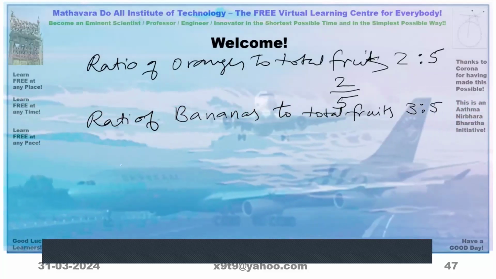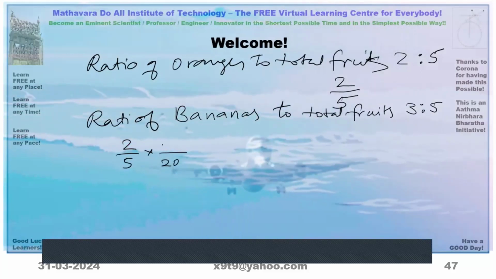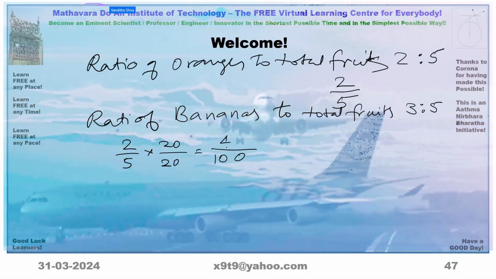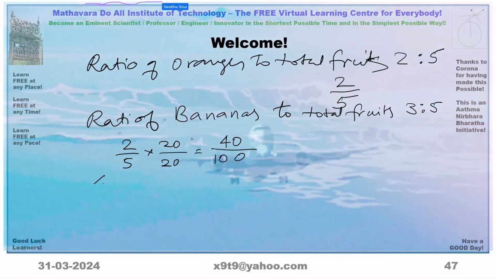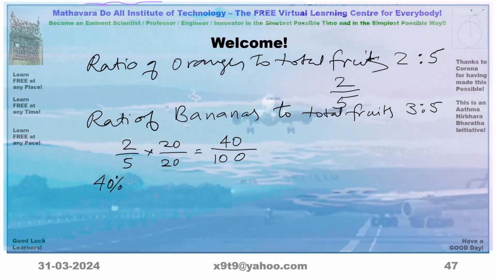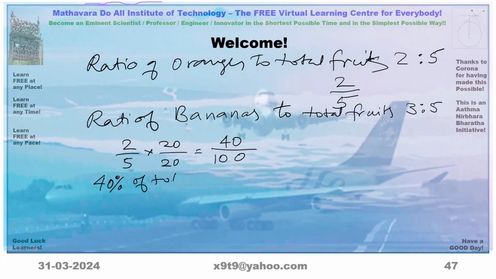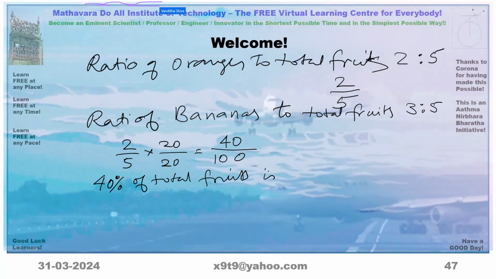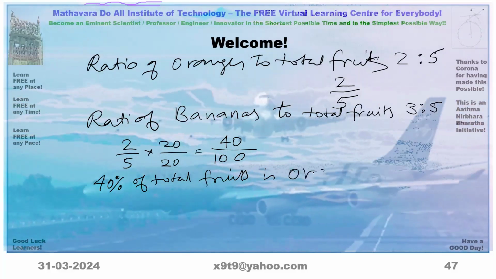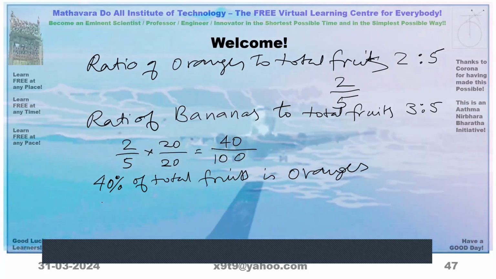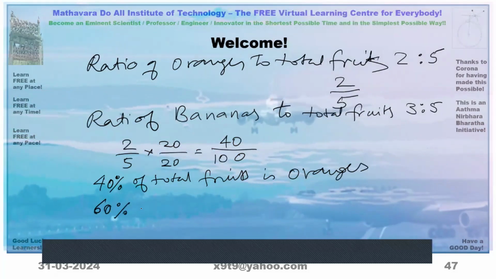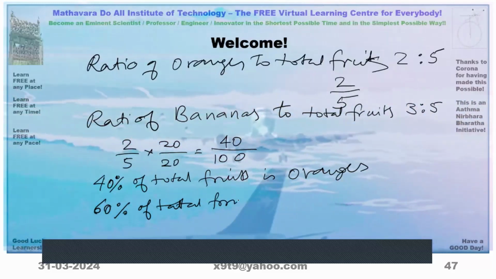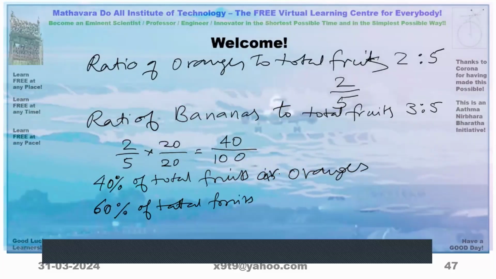Now this 2/5, if you multiply by 20, the denominator becomes 100 and this becomes 40. So 40% of total fruits is oranges, and 60% of total fruits is bananas. Maybe you can write R here.